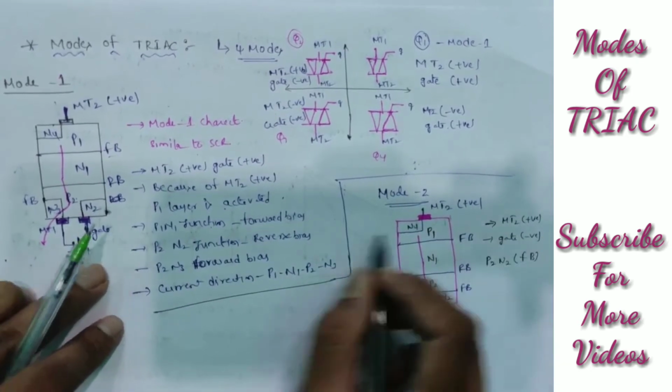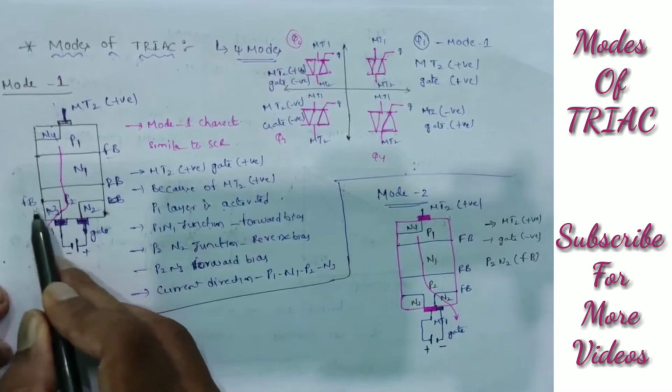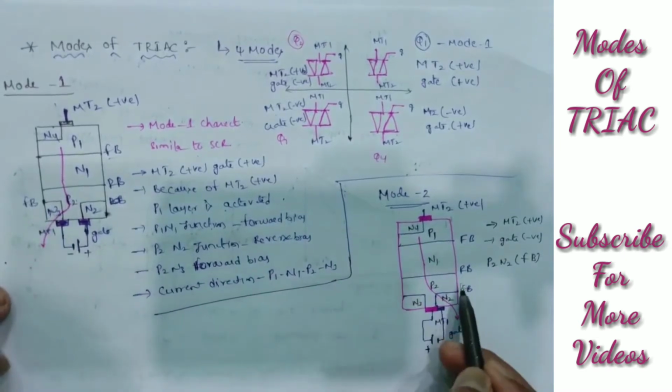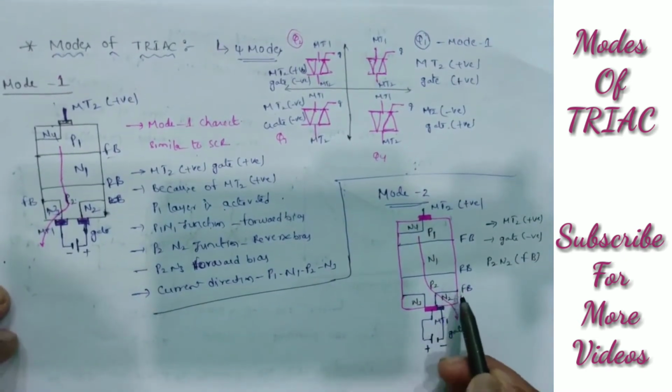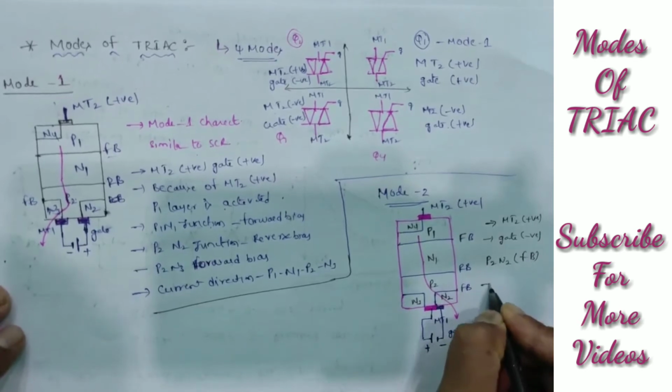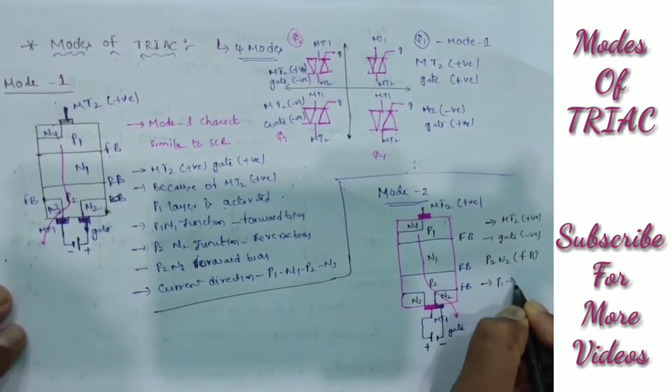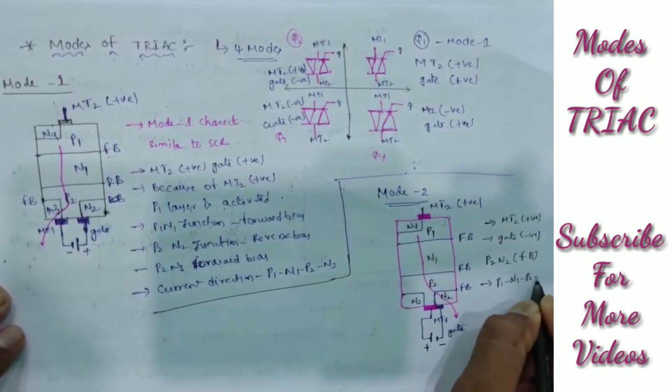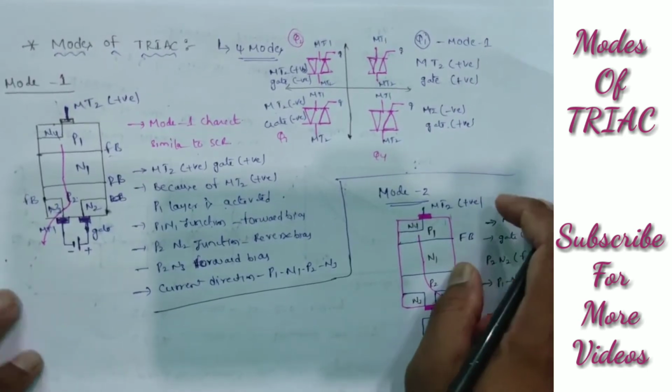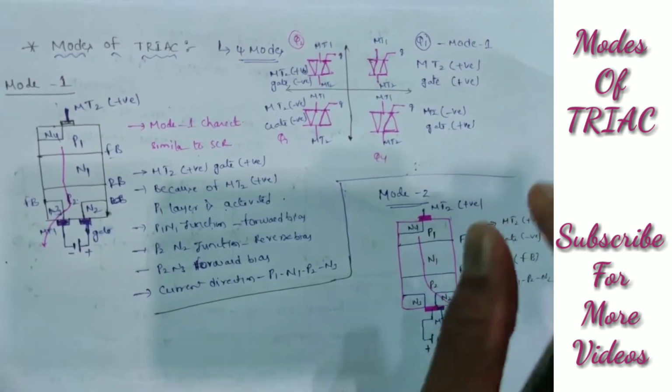In the previous one, the P2 N3 junction is forward bias. In mode 2, the P2 N2 junction is forward bias. The current direction is P1, N1, P2 and N2. This is the current direction.